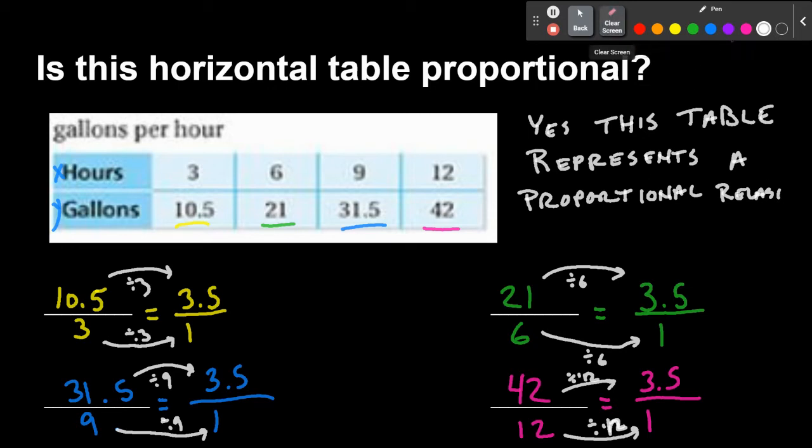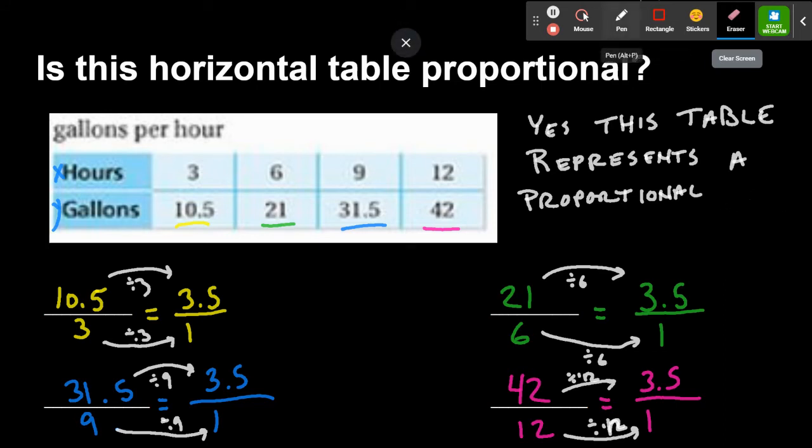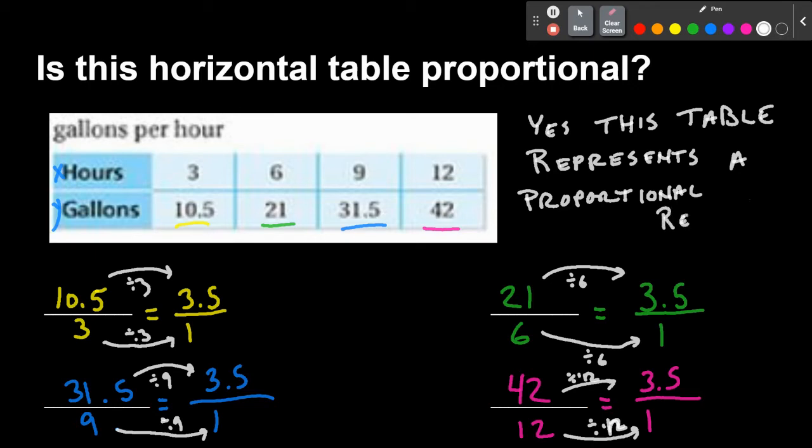I was running out of space. Proportional relationship. There we go. Because all of our unit rates are the same.